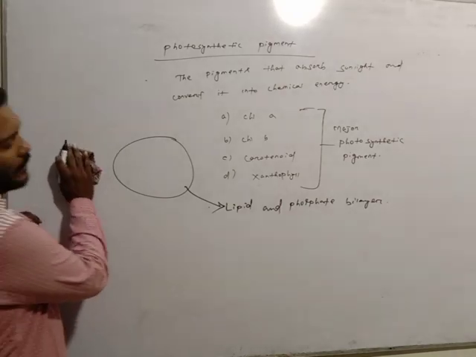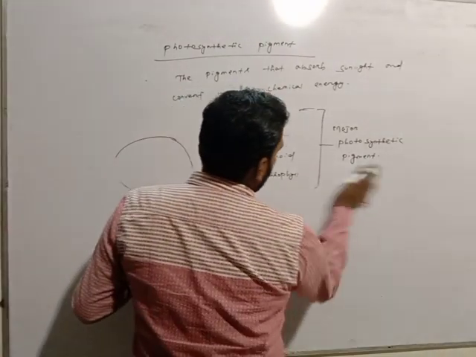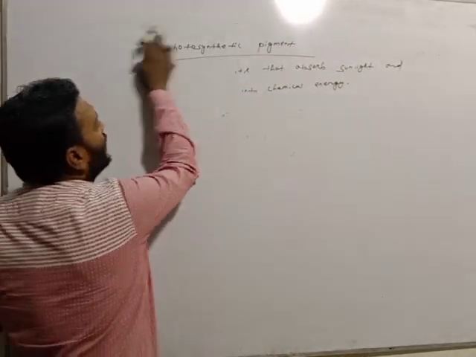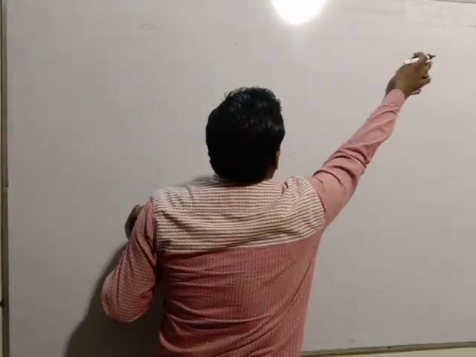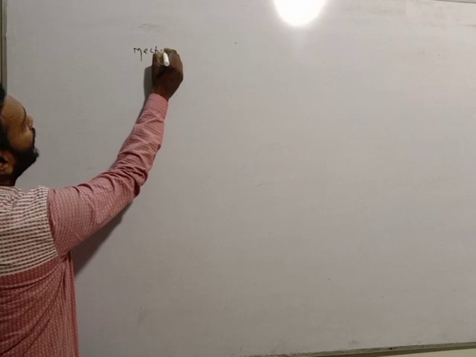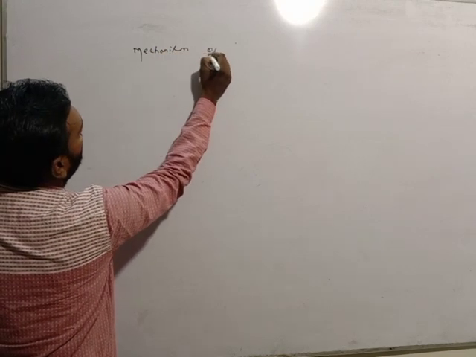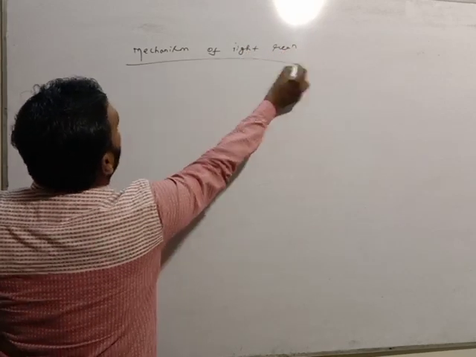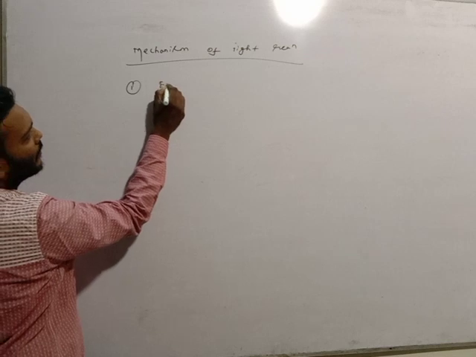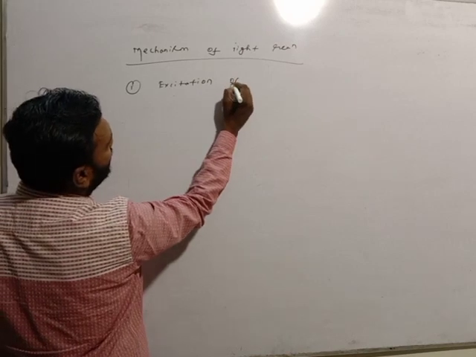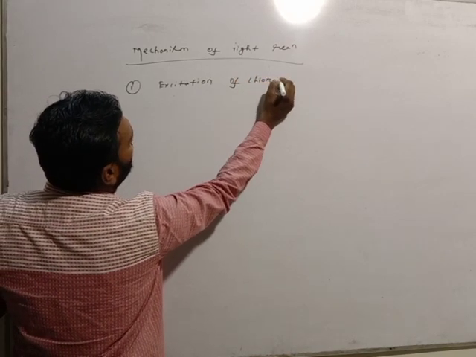Then the mechanism of light reaction. There are a few steps in which we complete the mechanism of light reaction. Thereafter we go to the dark reaction. Mechanism of light reaction: first one is excitation of chlorophyll.